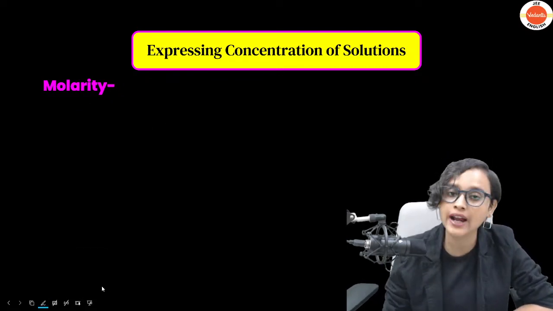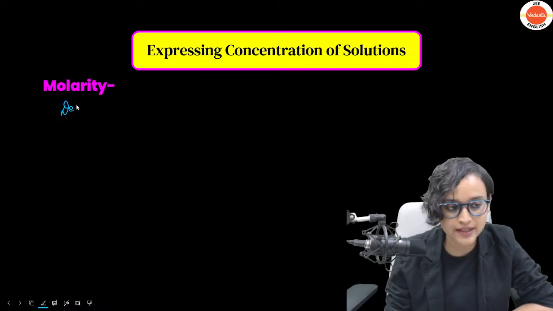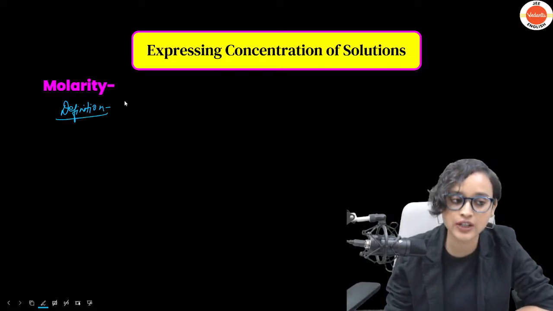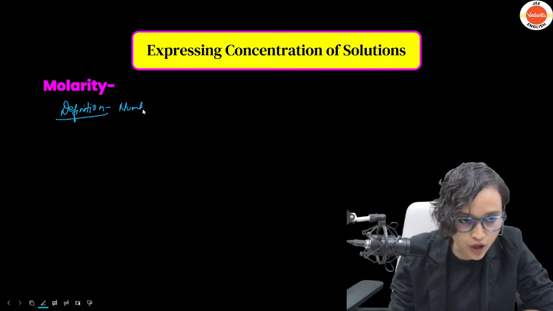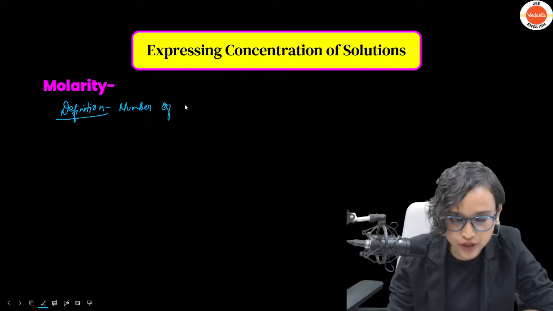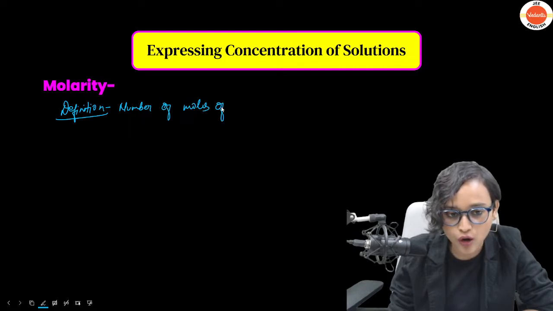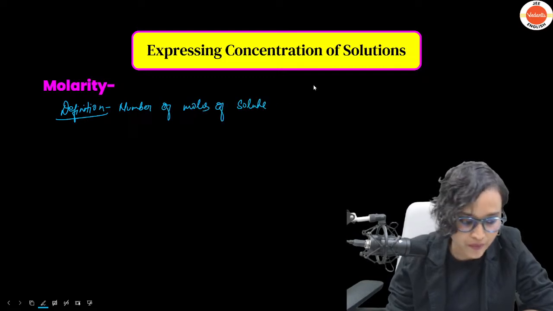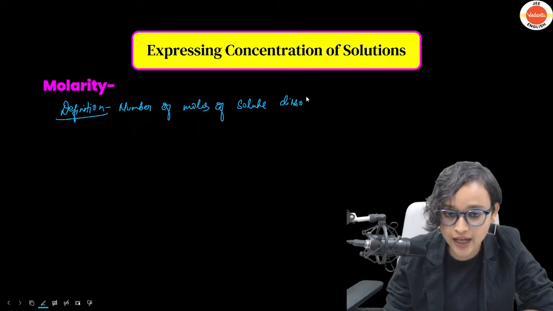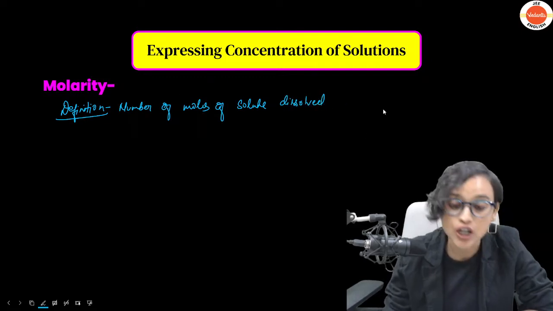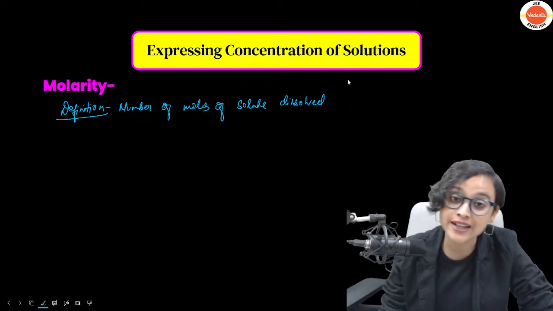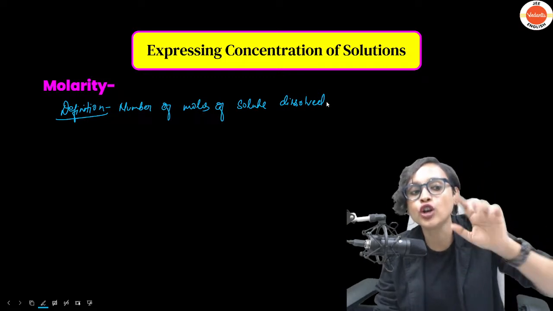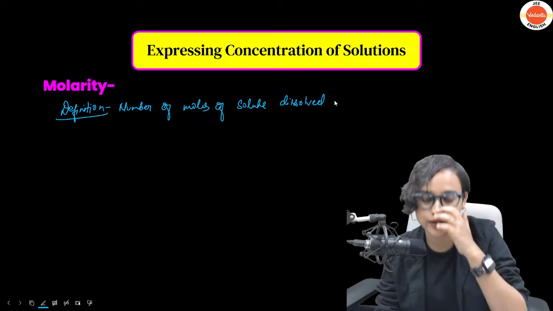Moving on, let's talk about molarity. Of course, we will write down the definition first. What is the definition of molarity? I hope everybody remembers it from class 11. It is the number of moles of solute dissolved in volume. So moles is related to volume in this expression of concentration.